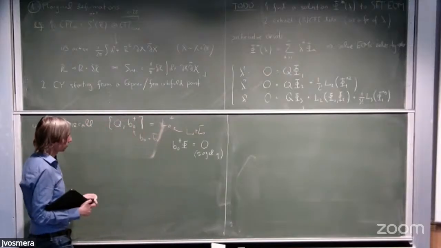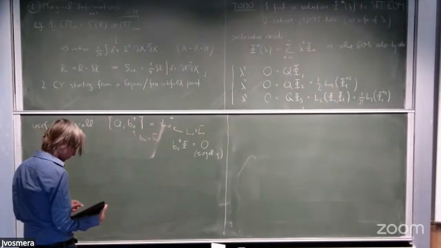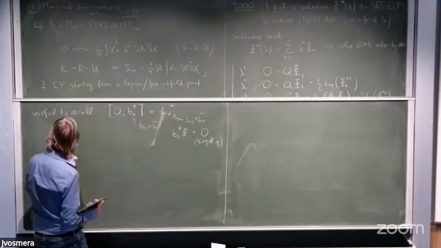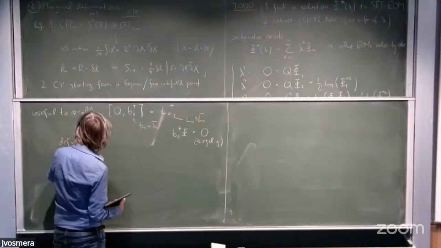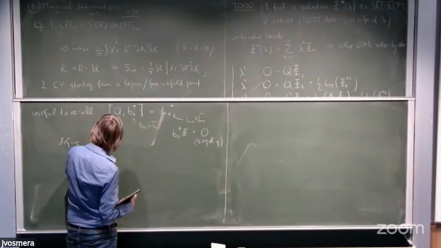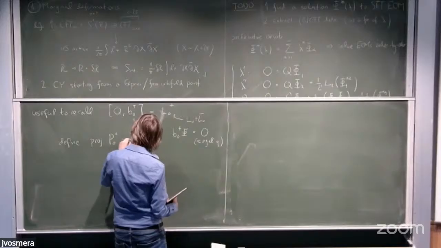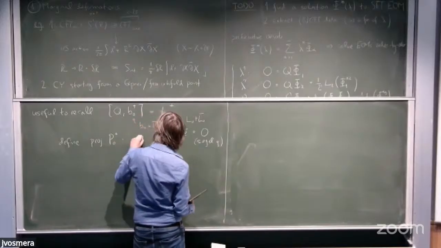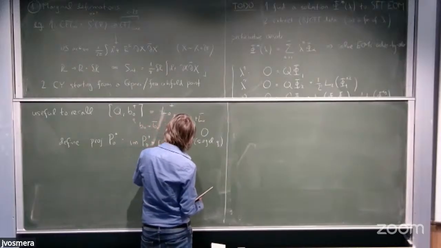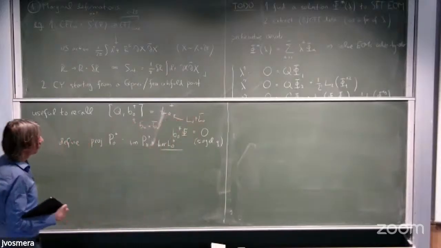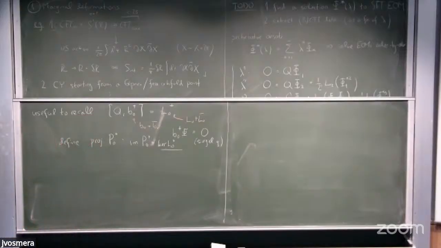So that is, there was a choice of a representative of the BRST cohomology which was in the kernel of L0 plus. For that, it's useful to define a projector. We define this operator P0 plus, which is going to be the projector on the states in the kernel of L0 plus. So the image of this projector, the image of P0 plus, will be precisely equal to the kernel. Well, so it's all states which have vanishing total worldsheet scaling dimension.